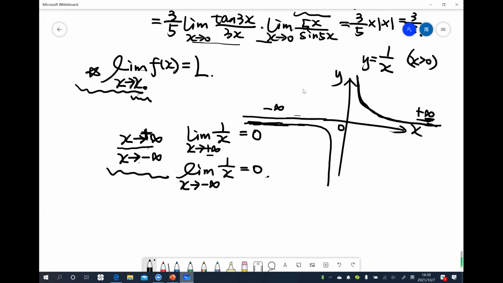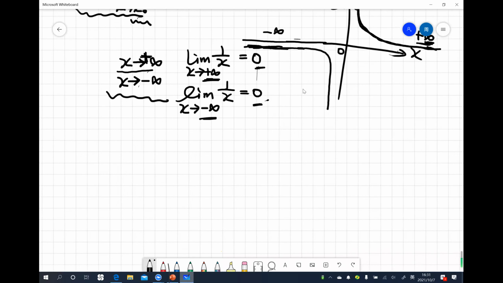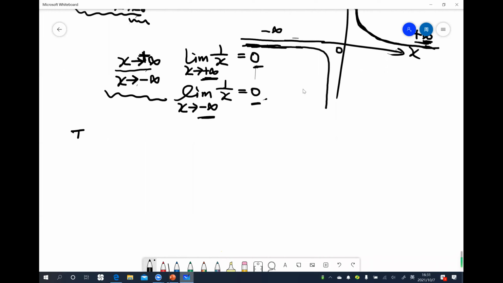And remember this one: as x approaches infinity, no matter positive or negative, the limit of 1 by x is always 0, always 0.